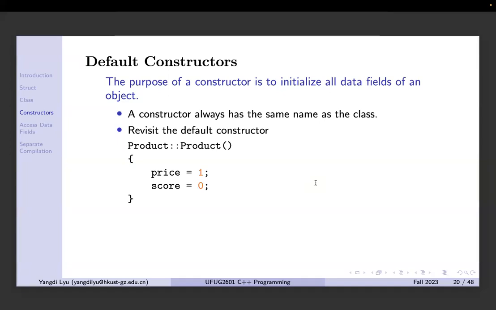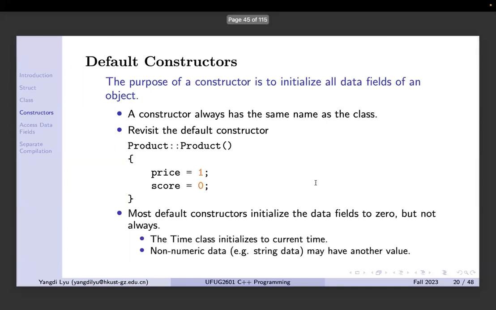These values are just random values I put here. You can choose any starting values. Most of the time, if you didn't specify them in this way, the constructors will initialize the data fields to 0, but not always. You have to keep that in mind. So it's always best practice to make them deterministic, to have some specific values.